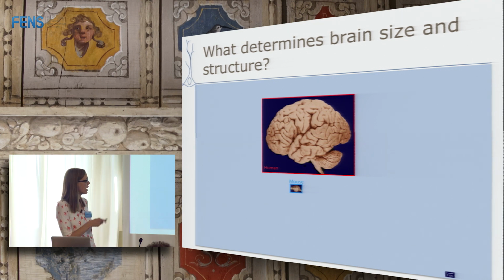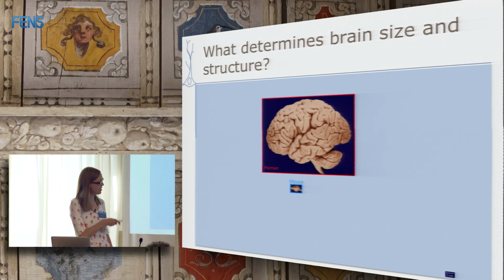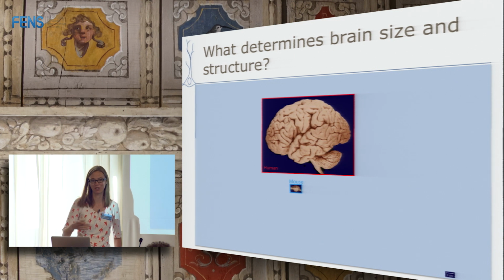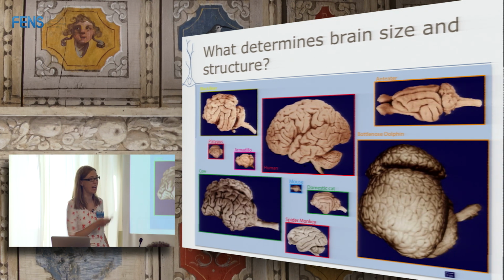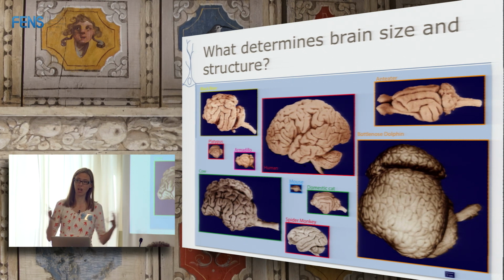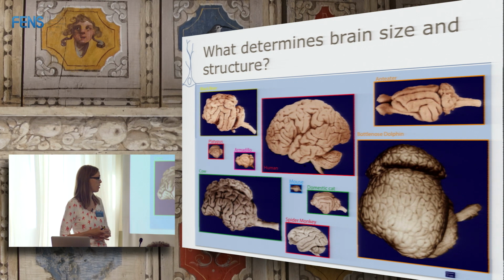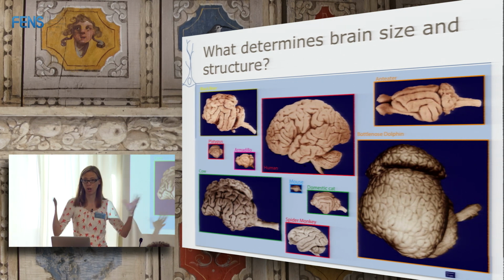But I'm also interested in the general variety that you see in mammalian brains. There's a lot of information out there that we could potentially get if we look a little more broadly.